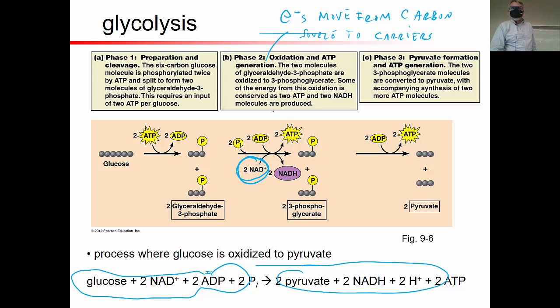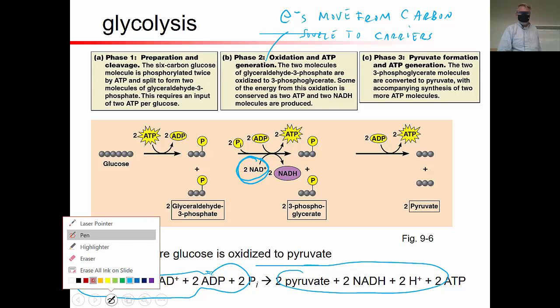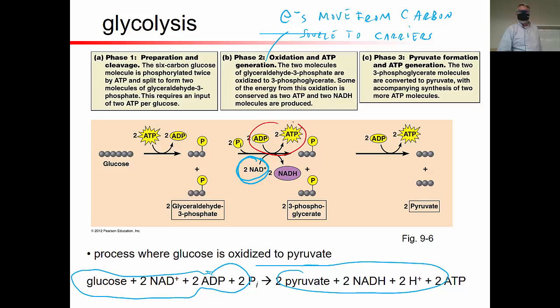And at the end of the process, we have two steps where we're producing 2 ATP each. So 2 ATP went in, 4 came out, so we have a net gain of 2 ATP.